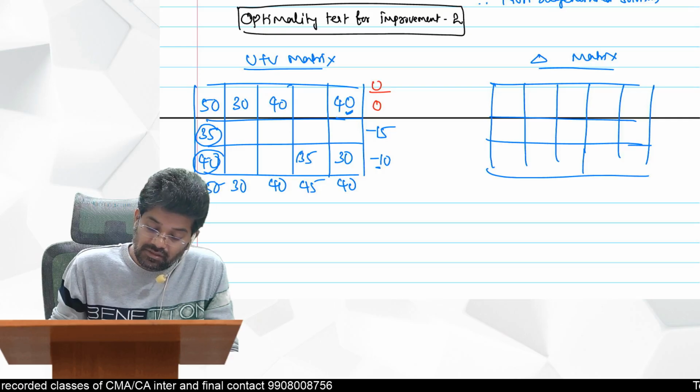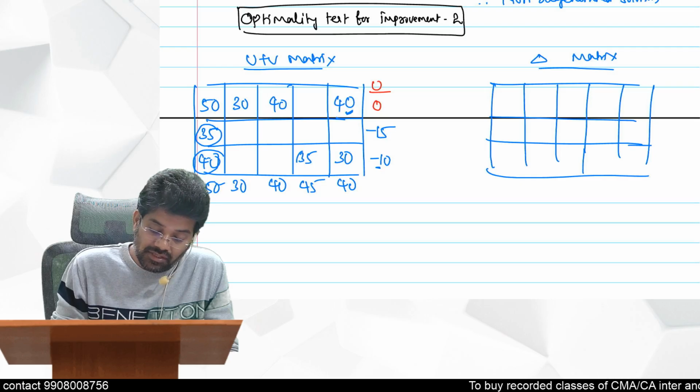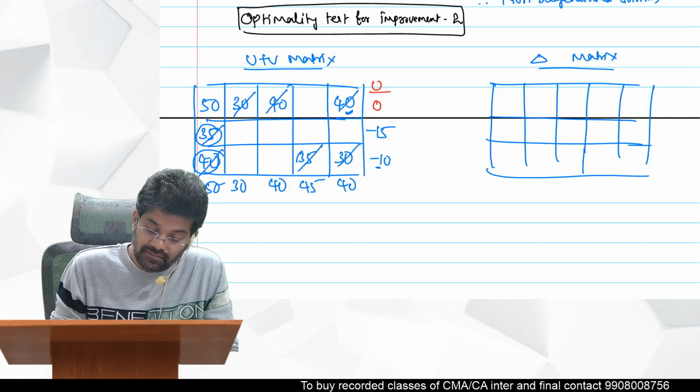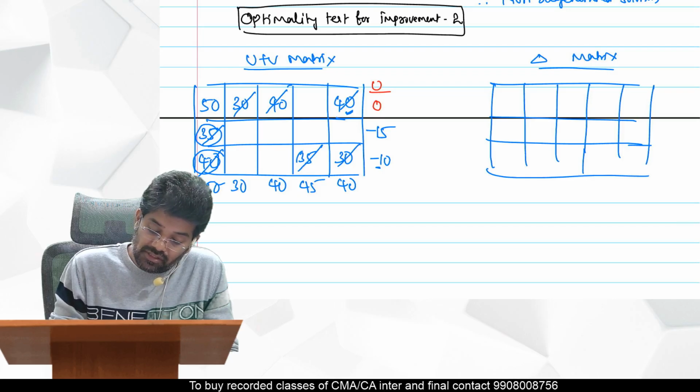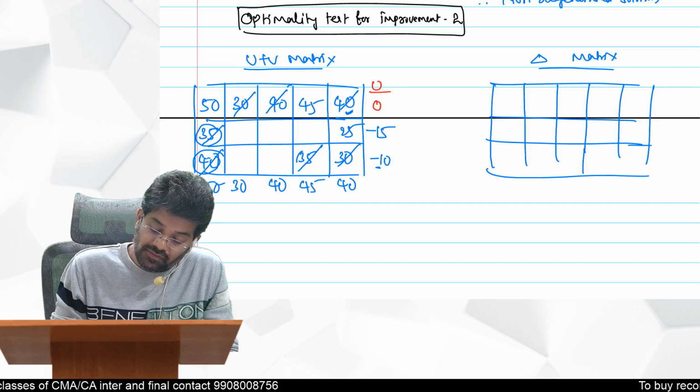Yes. Now calculate the cost inside ones. Allocations, always cut them so that you will not get confusion. This one is allocated. Remaining I am calculating the cost now. 45 plus 0 is 45. 40 minus 15 is 25. 45 minus 15, 30.